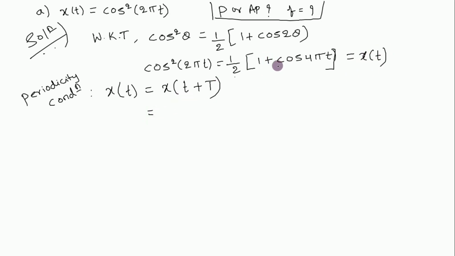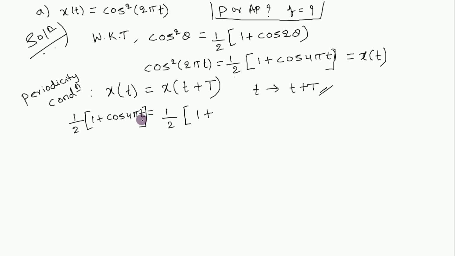So replace t with t plus T in the next equation. x of t means 1 by 2 times (1 plus cos 4 pi t).